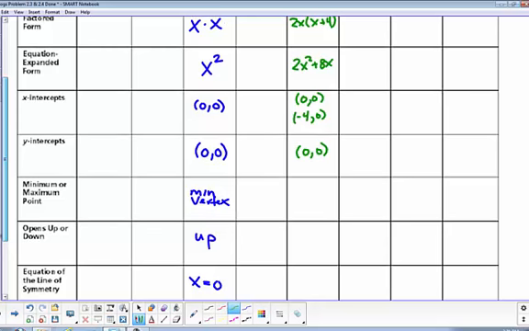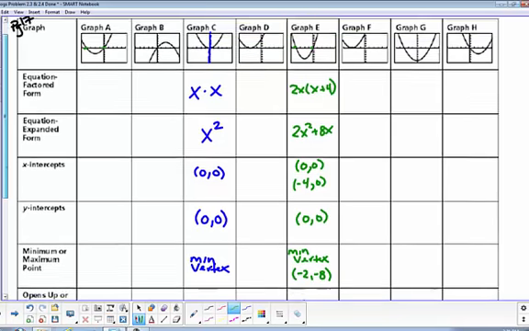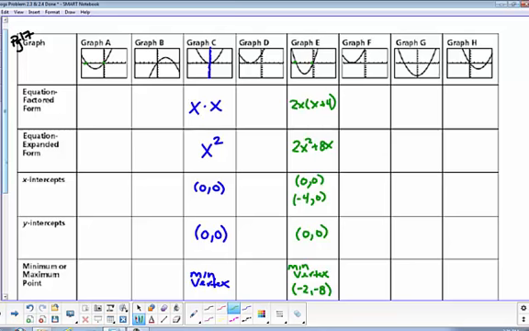We have a minimum vertex at negative 2, negative 8. It opens upward, and the line of symmetry is at x equals negative 2. That's the vertical line. That's a mirror image where you could fold this thing over, and it's a perfect mirror image. Lines up exactly.